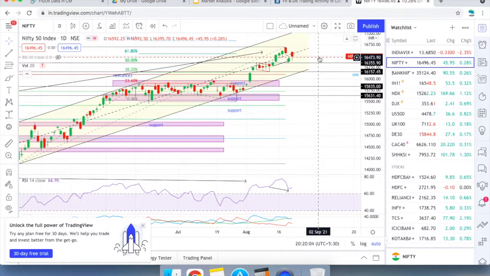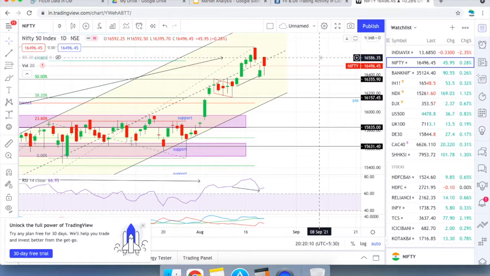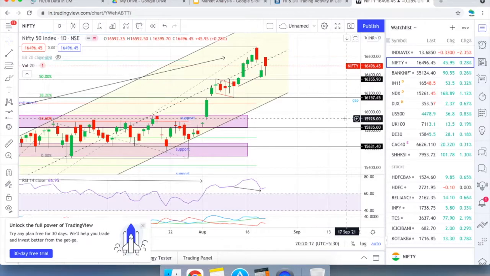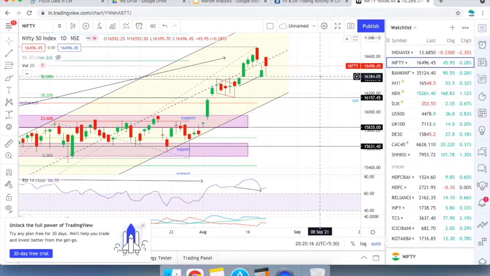This time also it was near the 68% of the fib extension that it retraced, and then it came back and bounced from the 16,400 level. 16,400 seems to be a good support level. This is the second time this is happening. The other day also 16,376. So 16,350 and 400, that range is forming as a good support.